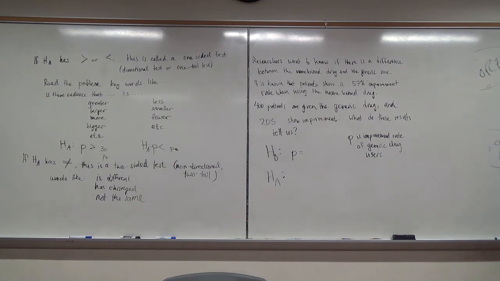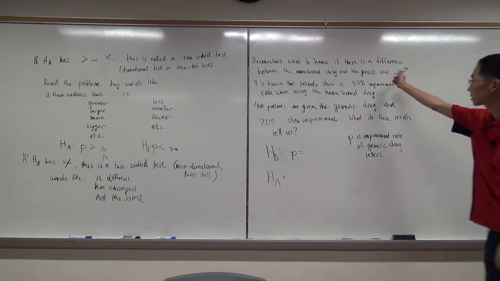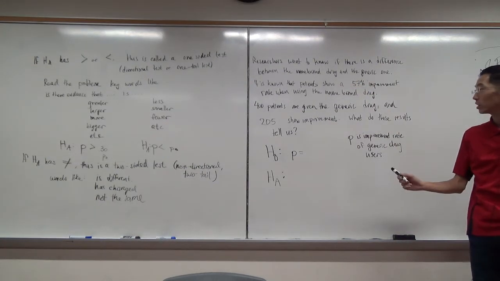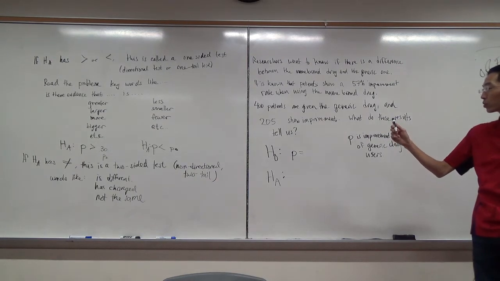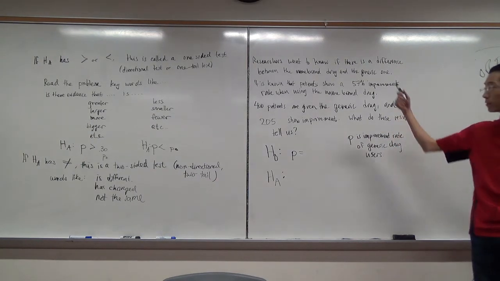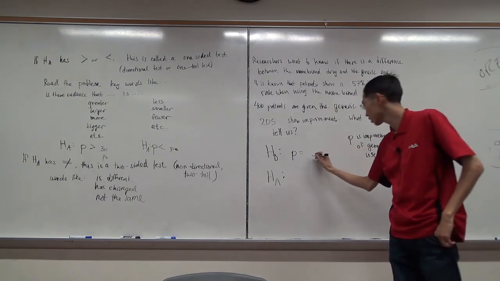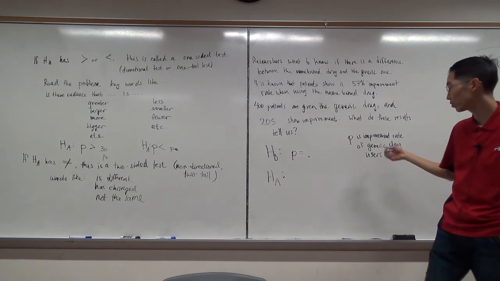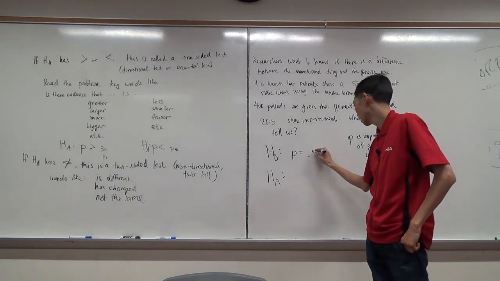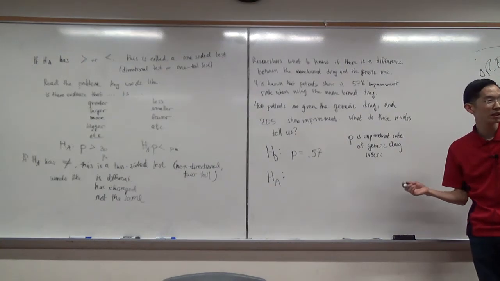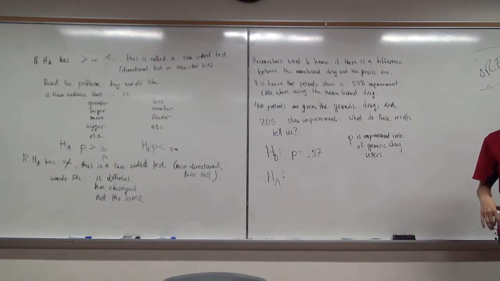Okay, and so what does our problem say? It says researchers want to know if there's a difference between the name brand drug and the generic one. And what is the proportion that's been established for the name brand drug? 57%. So we want to know, is the improvement rate for generic drug users the same as the name brand one, or is it greater than, less than, or different from?